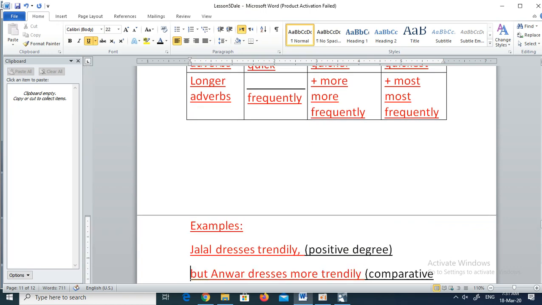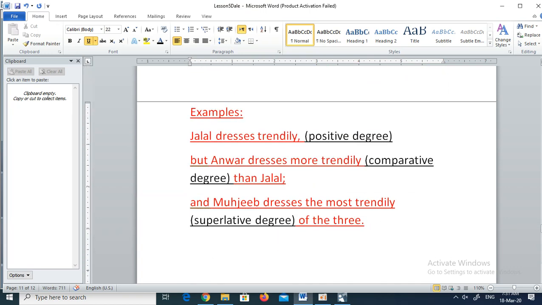Jalal dresses trendily. That is the positive degree. But Anwar dresses more trendily than Jalal. And more trendily is the comparative degree. And Mujib dresses the most trendily of the three.